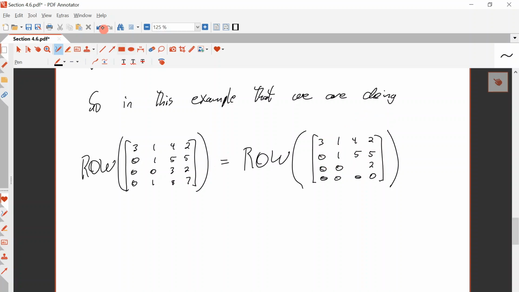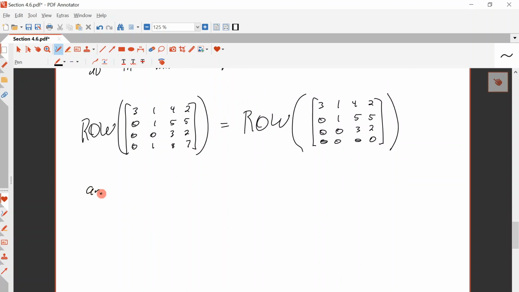All right, and a basis is given by the pivot rows of this matrix.